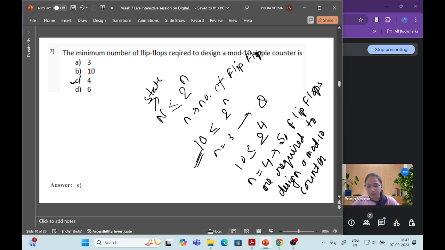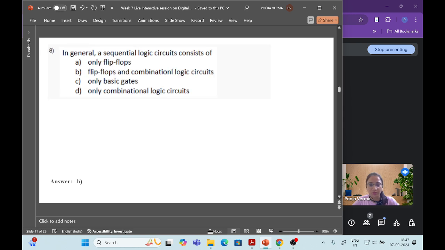Okay, so moving to the next question. In general, a sequential logic circuit consists of option A, only flip-flops, option B, flip-flops and combinational logic circuits, option C, only basic gates, option D, only combinational logic circuit.